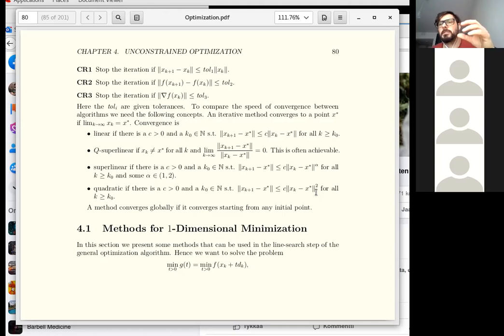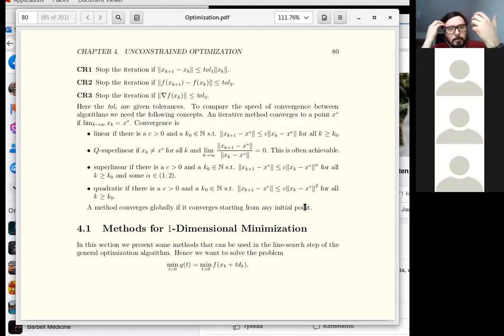Remember that if this distance gets closer and closer to 0, then the square of the distance becomes even closer to 0. We also say that the convergence is global if the convergence happens from any point. So these are basically the differentiating factors between different algorithms. How fast do they converge? Do they converge regardless of where you start from?